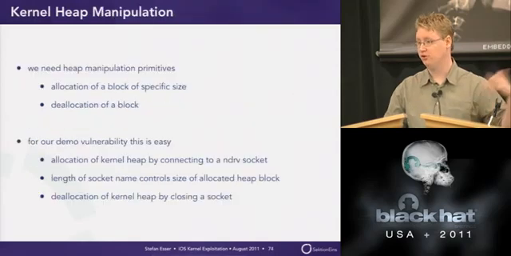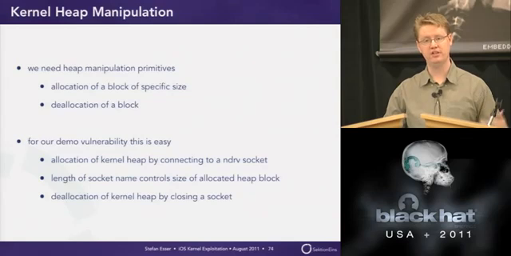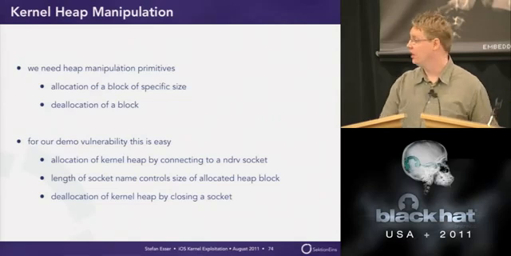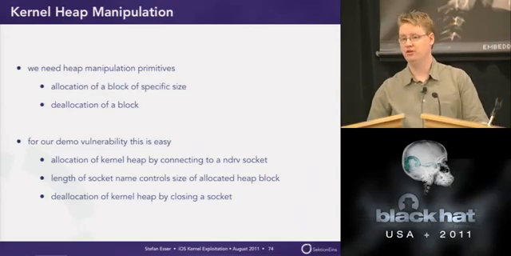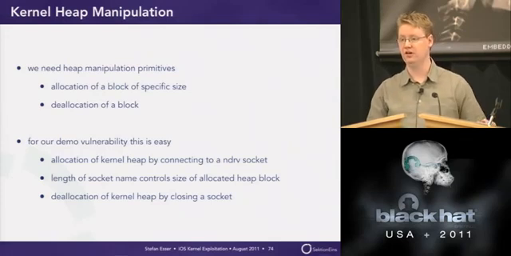So how do you do all this kernel manipulation? You usually need heap manipulation primitives, things that allow you to allocate a block of memory of a specific size and to deallocate some memory. In our case, it's very easy to do that because we are dealing with ndrift sockets anyway, so we can just take the ndrift socket again.